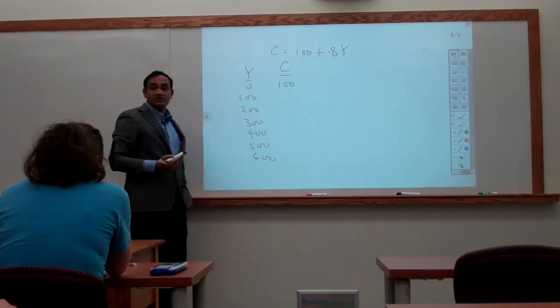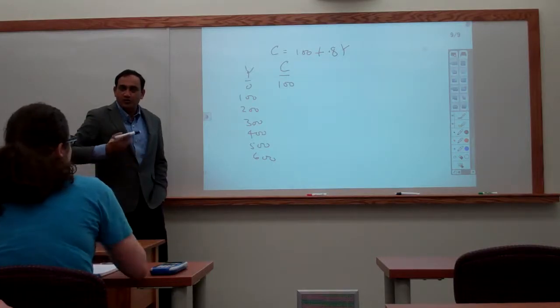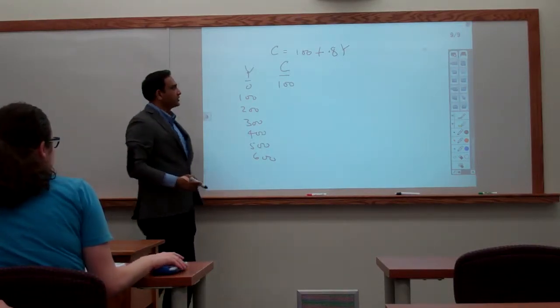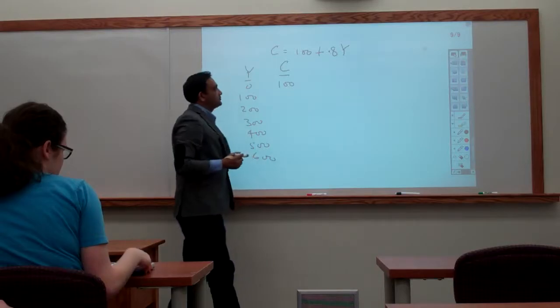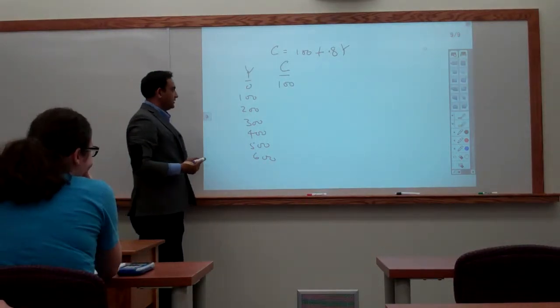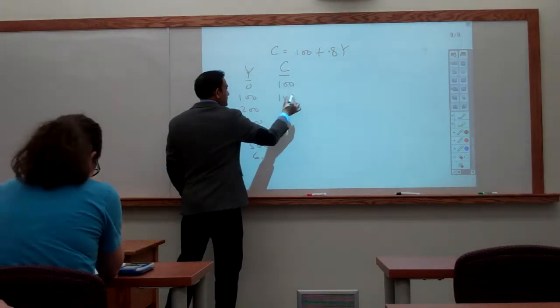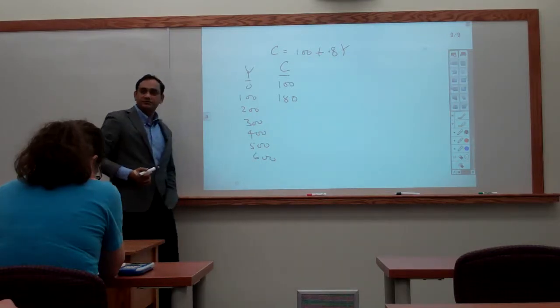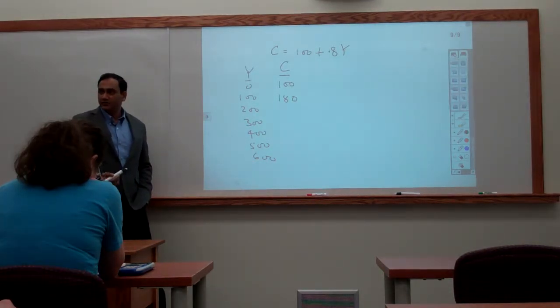Now next is income 100. Let's say your income goes up to $100 from 0. Plug in 100 over there. What do you get consumption equal to? 180. That's correct. So that's your consumption. So you do the rest now, in a similar fashion.